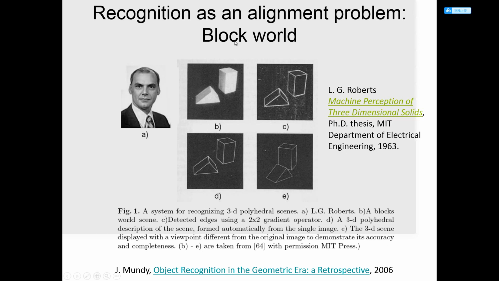This block is just made of these blocks, and I'm trying to recognize that. Because it's just blocks, he could build the 3D models out of that. He had edge detection to detect the edges, and thought of all this geometric behavior, like when one object is in front of the other, how the line is going to be occluded, and so on.